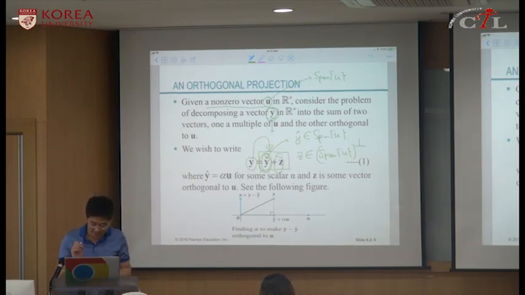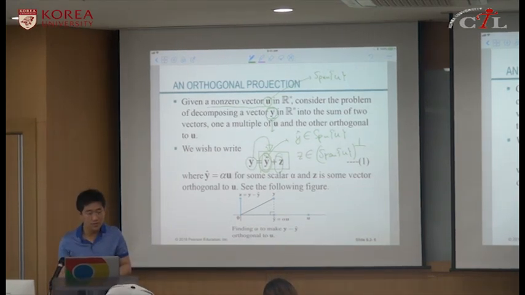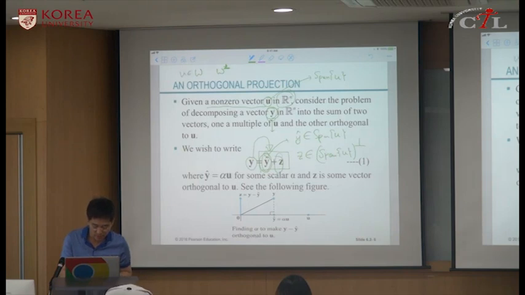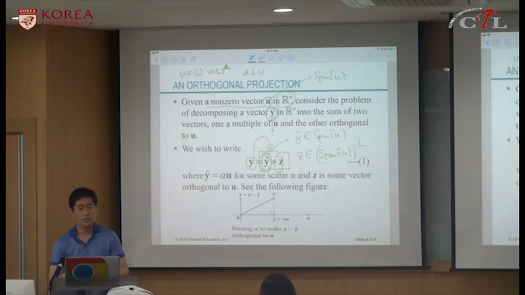We studied orthogonal complements: consider we are given one subspace W first, within the entire space Rn. If we pick any vector from W and another vector from W perpendicular, these two vectors are always orthogonal to each other. That is the definition of W perpendicular, or the orthogonal complement of W.